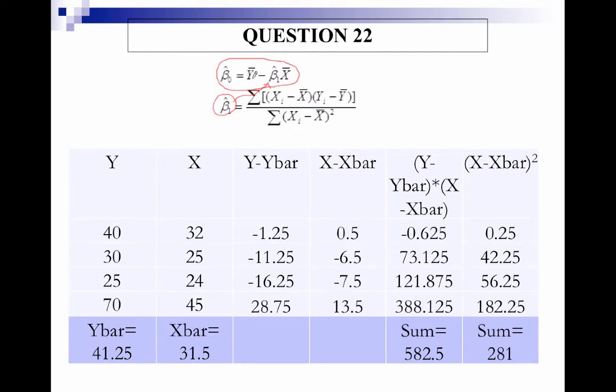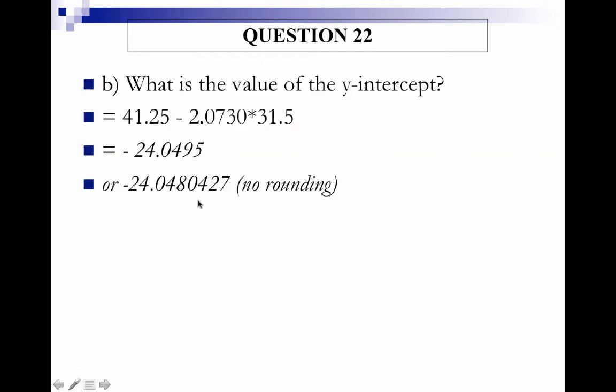So the y-intercept is simply y bar, which we already calculated, is 41.25, minus the value of the slope times x bar, which is 31.5, and we obtain a value of negative 24.0495, or without any rounding at all, negative 24.0480427. They're very similar in value.